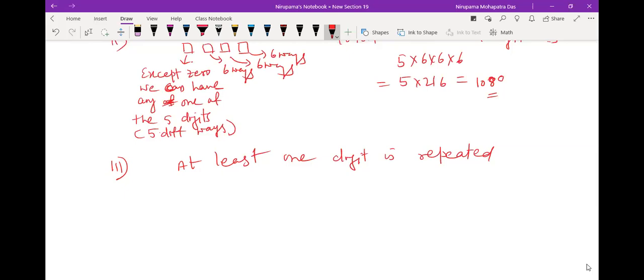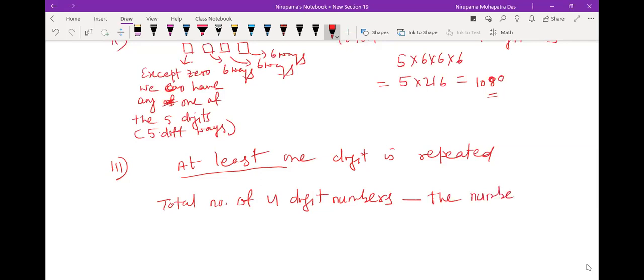Then we can add all these cases. So rather than taking it like this, we can write, when at least one is repeated, that means total number of four-digit numbers minus numbers without repetition, the numbers in which no digit is repeated.